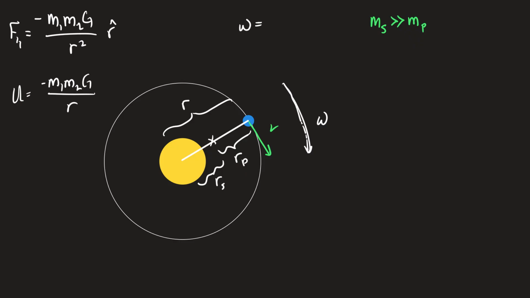The planet would have a linear speed related to its radius, and the star would have a linear speed for its radius. The star is going in a smaller circle because it has a smaller radius, so it has a smaller linear speed. Does that make sense? And the planet's going to have a larger speed because it has a larger radius. But they both would have the same angular speed, so they'd be revolving around each other.